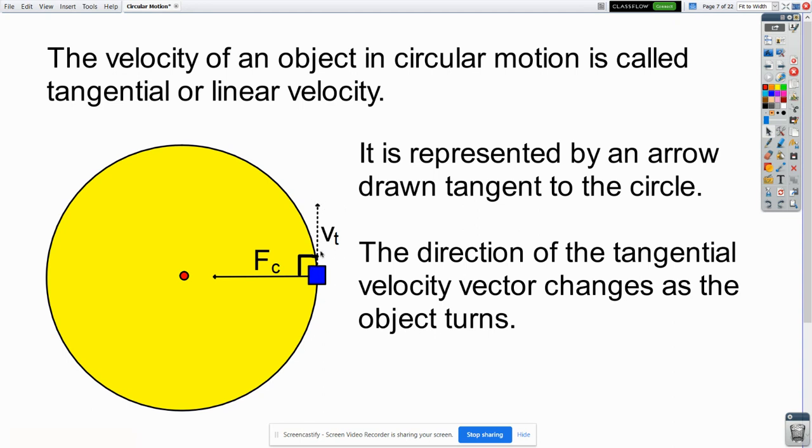Generally speaking, counterclockwise is going to be a positive velocity, and that has to do with the angle and how the angles are changing. Clockwise velocities are considered negative. So this arrow is pointing counterclockwise. So this would be a positive velocity. Down here, if it's pointing downward, that would be indicating a clockwise rotation. That would be a negative velocity.